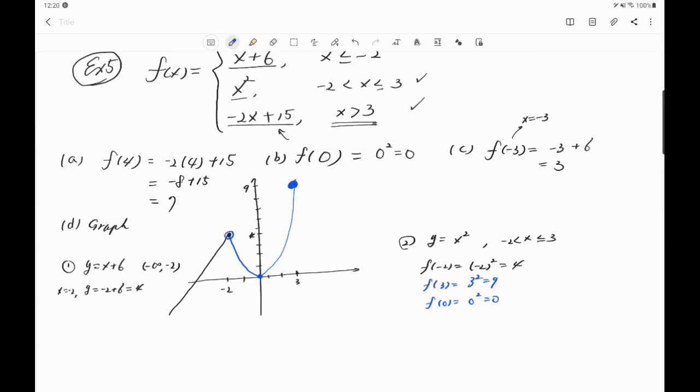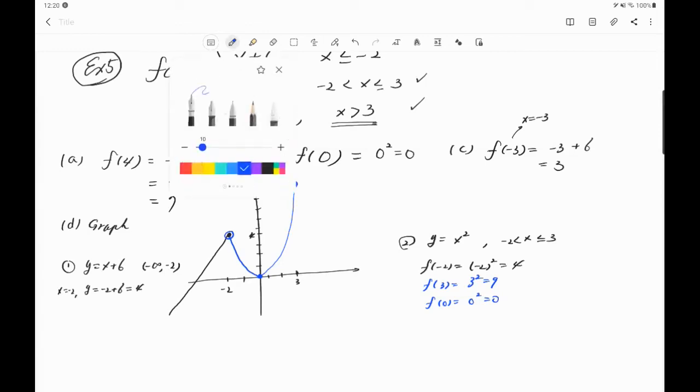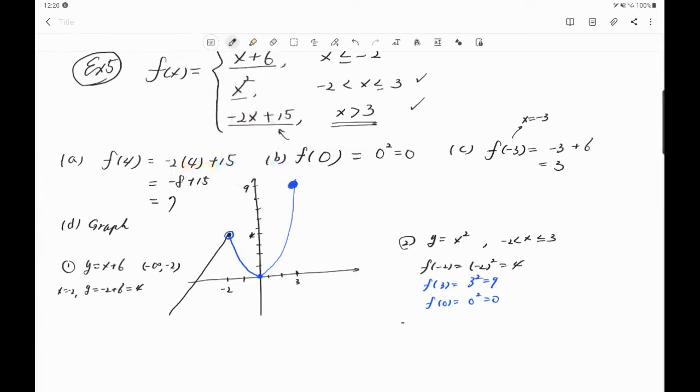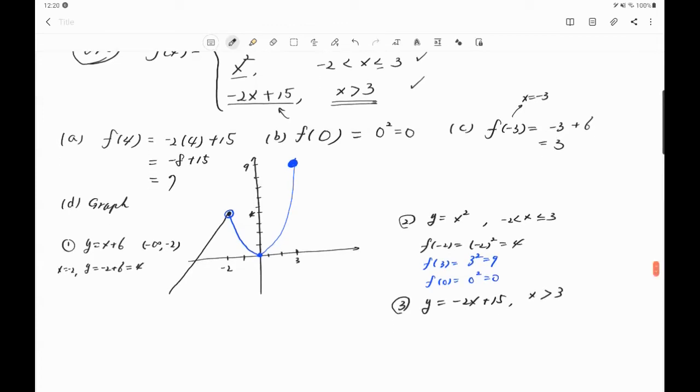Then the third one is y equals negative 2x plus 15. If the input is greater than 3, then we're going to use this expression. So f of 3 is negative 2 times 3 plus 15, so negative 6 plus 15. That is 9, right?